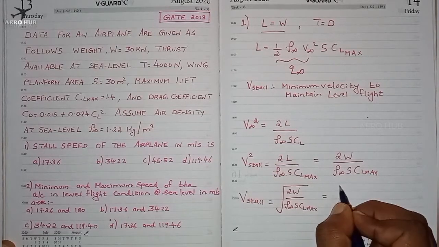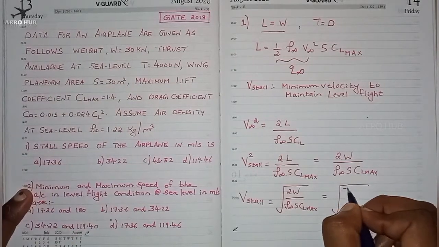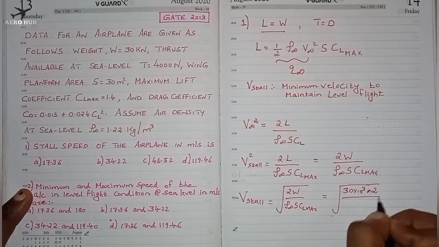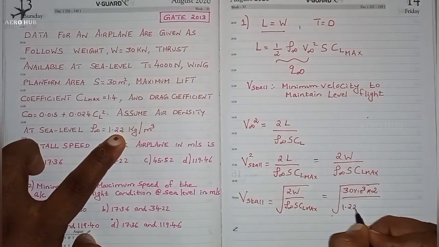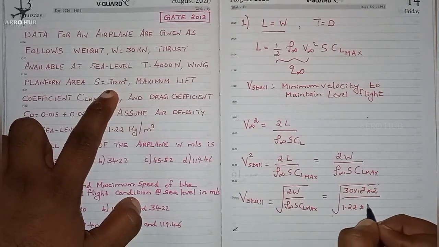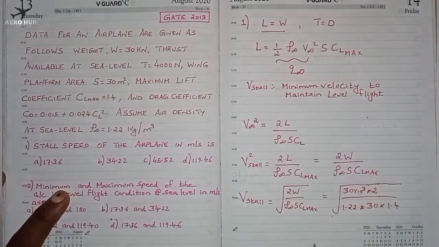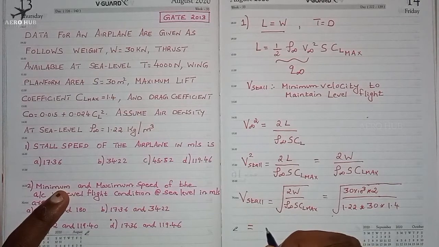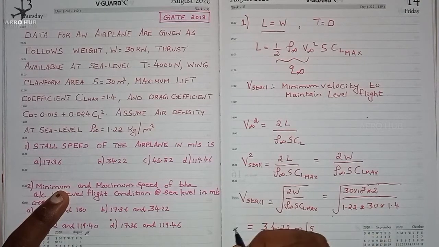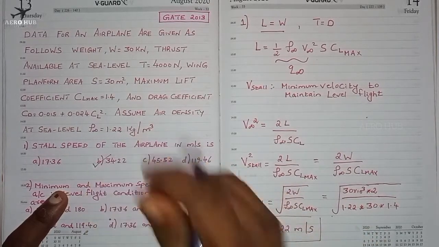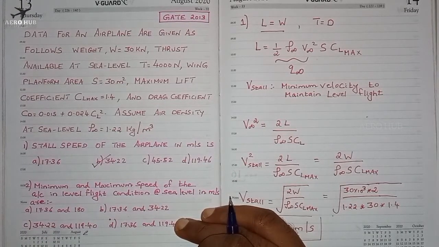So I substitute: the weight is 30 kilonewton, 30 into 10 power 3, into 2, divided by rho infinity which is 1.22, the wing area is 30 and CL max is 1.4. Okay, so finally we'll be getting an answer of 34.22 meter per second. This is the V stall of the corresponding aircraft and the answer is option B. Okay, so we got the answer for the first question.